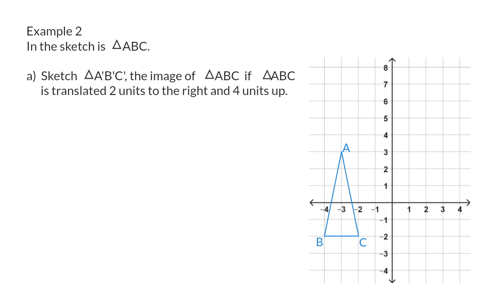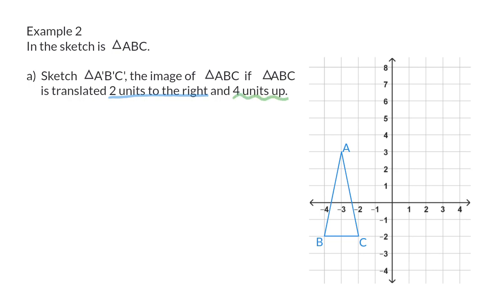Example 2. In the sketch is triangle ABC. First question, sketch A'B'C', the image of triangle ABC, if triangle ABC is translated 2 units to the right and 4 units up.